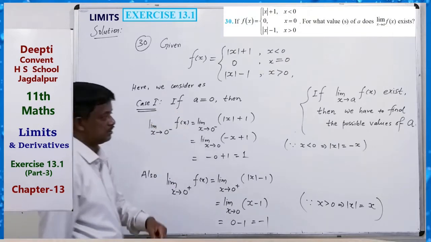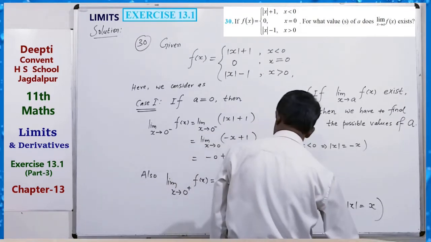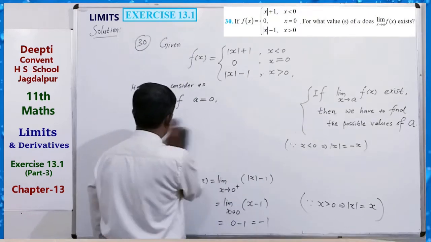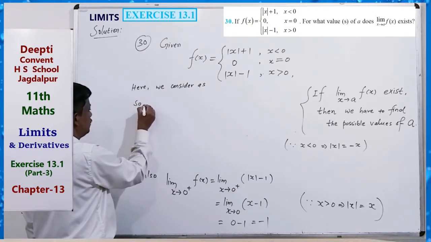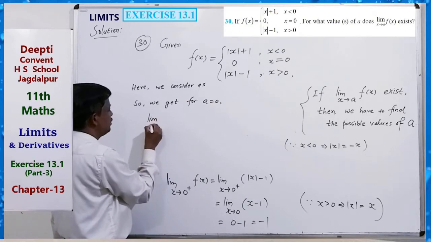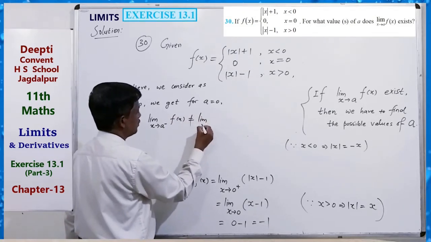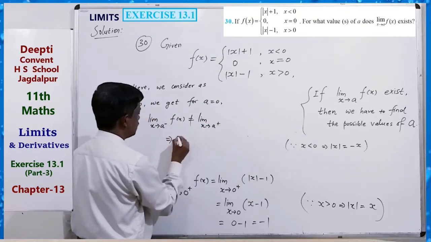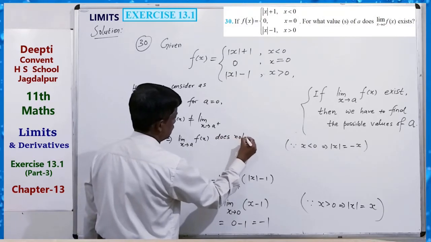So we get, for a equals 0, the limit as x tends to 0 from the negative side is not equal to the limit from the positive side. For a equal to 0, the limit of f(x) does not exist.